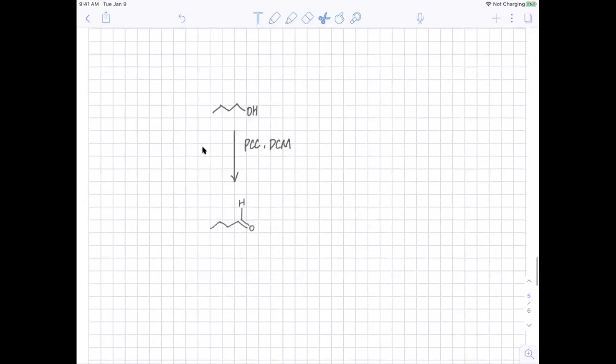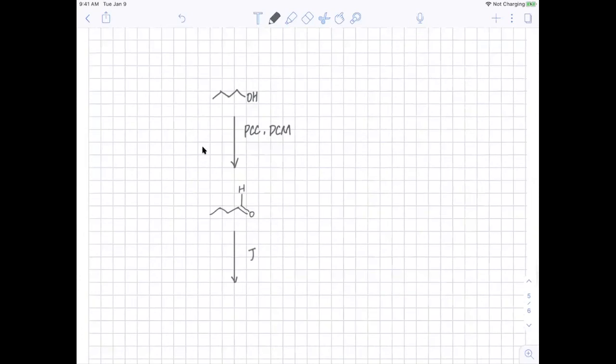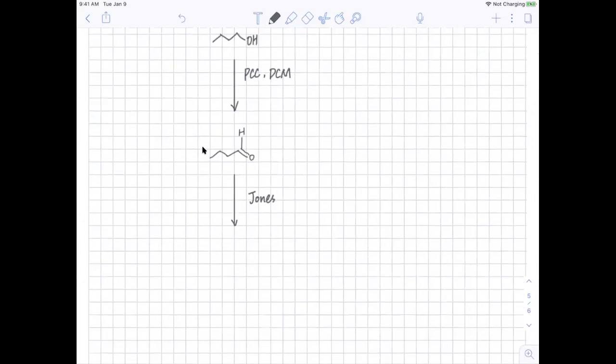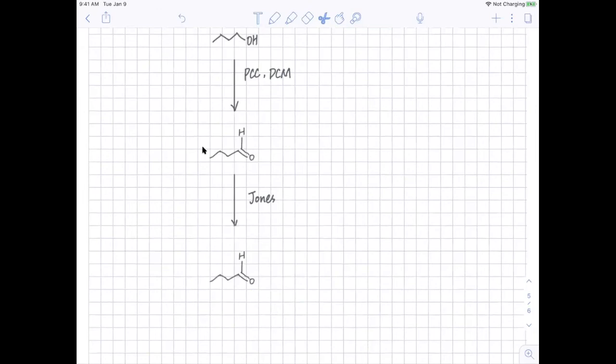And there are two oxidation reagents you've learned so far. You also learned Jones, right? So if you are using Jones, then this is going to become a carboxylic acid.